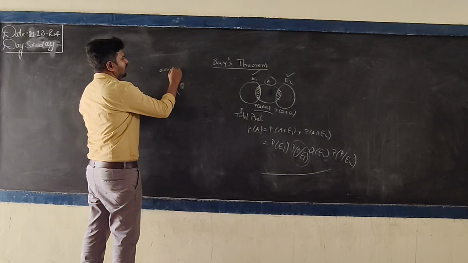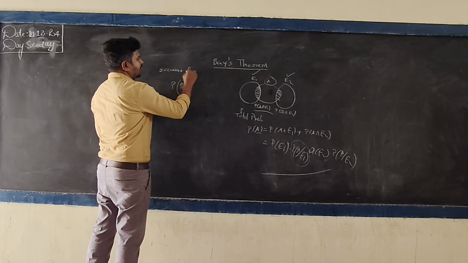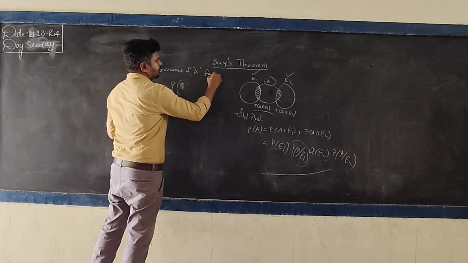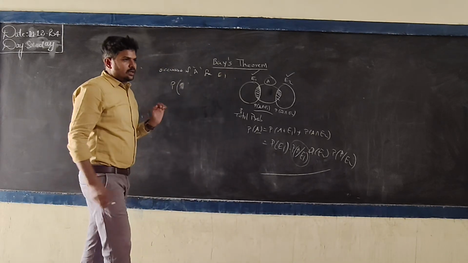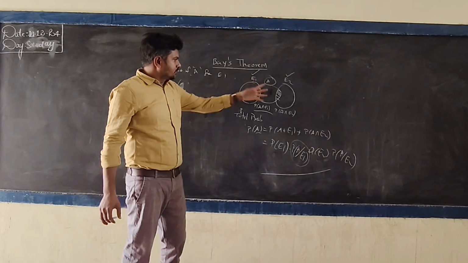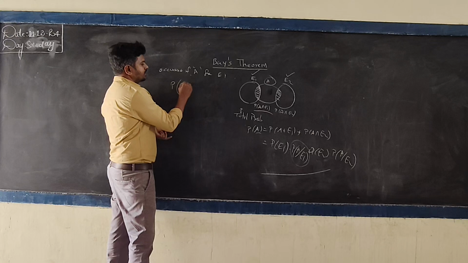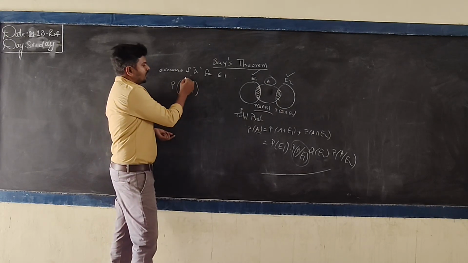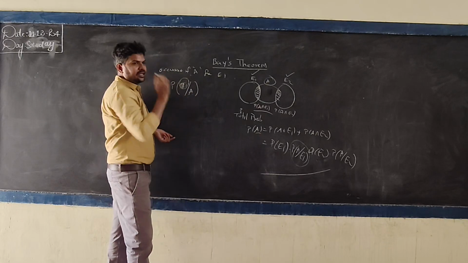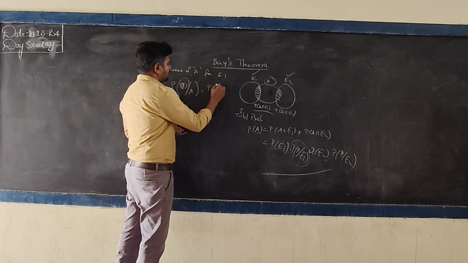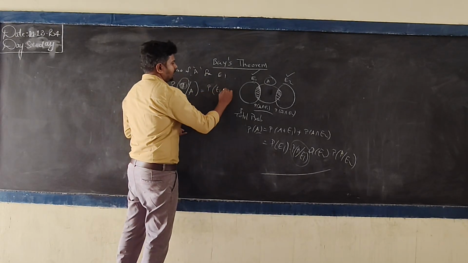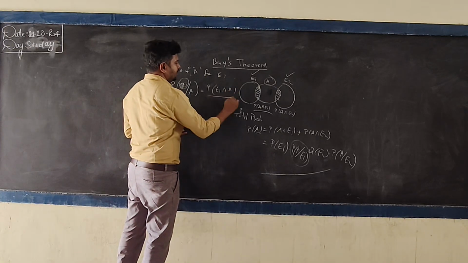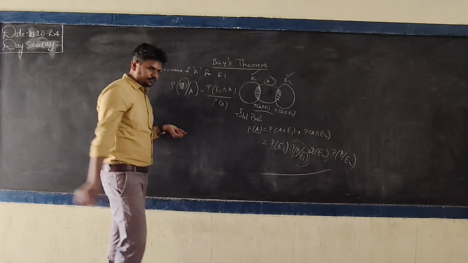This is E1 after A has happened. What is the occurrence of E1 after A has happened? It is nothing but the probability of E1 intersection A divided by the probability of A.